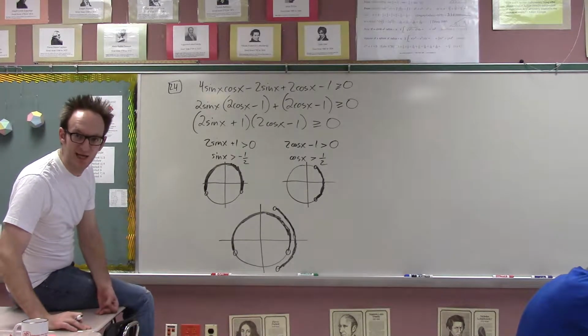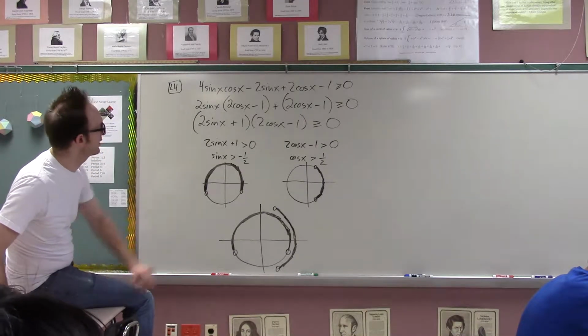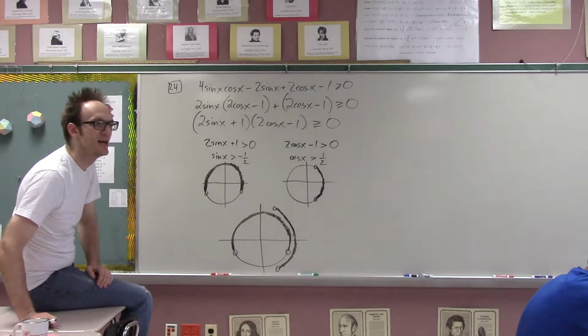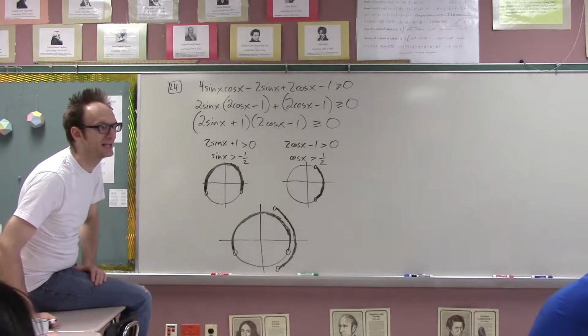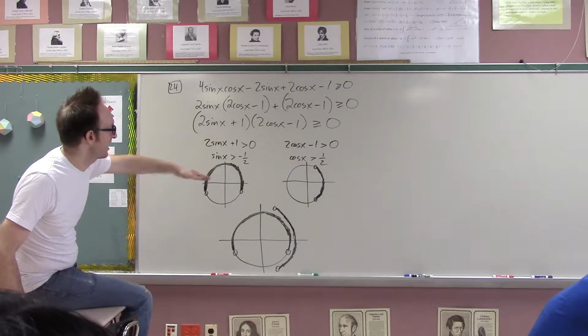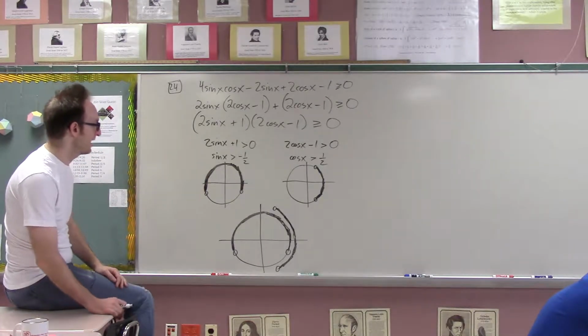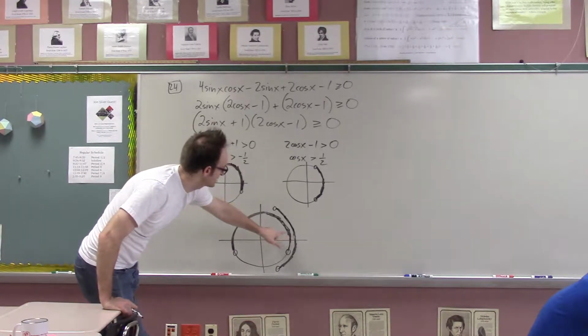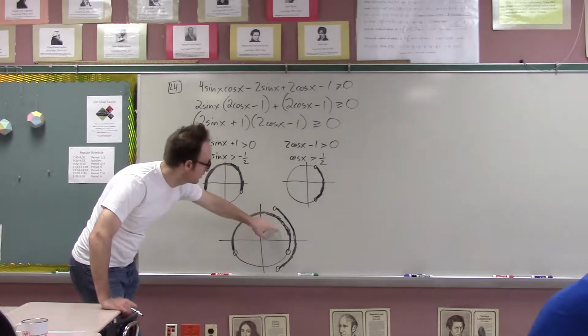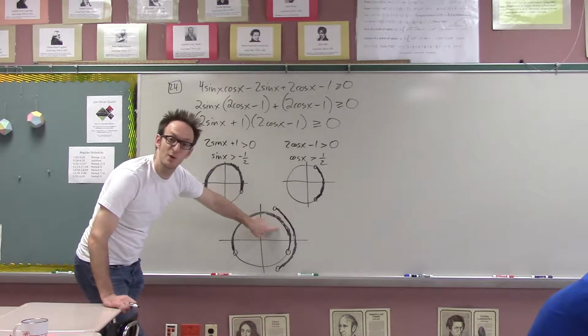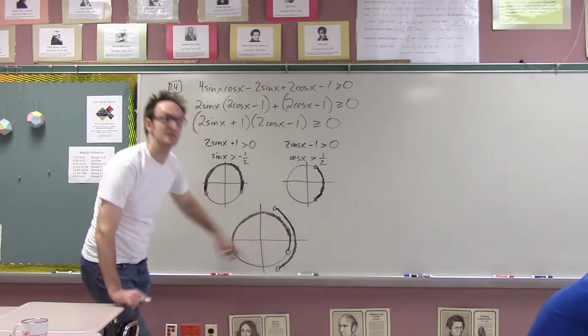So, the brilliance of superimposing the two shaded circles is that now we can at a glance look and see what's going on. So for example, from 0 to pi over 3, both of these are shaded. So if both of these are shaded, what's the significance of that?